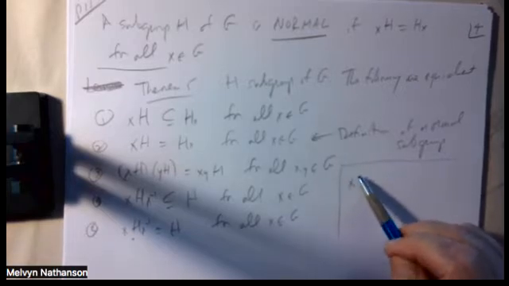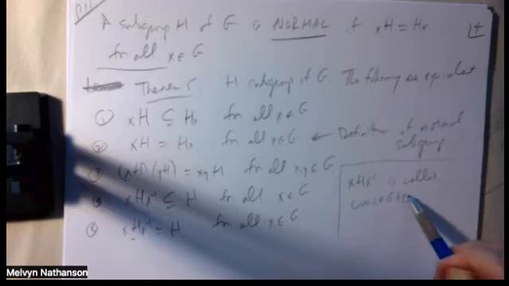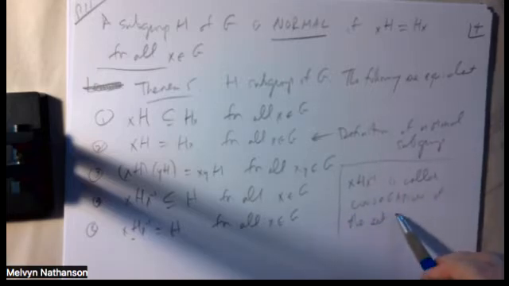The third says if you take xH, that set, and you look at all products with the left coset yH, you get another coset, namely the coset xyH, for all x and y in G. The fourth says if I take the set xHx inverse, this is contained in H for all x in G. And the fifth says that xHx inverse equals H for all x in G. And just as a definition, xHx inverse is called conjugation of the set H by x.